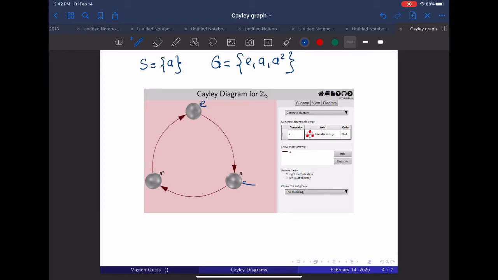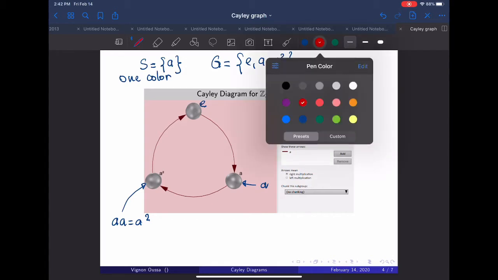Here we have an element of the generating set, and then you have A times A, which we denote by A squared. Because our generating set only contains one element, we'll only have one color, and we use this reddish color.